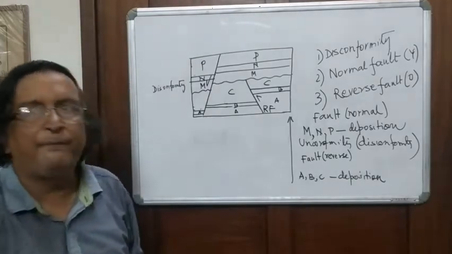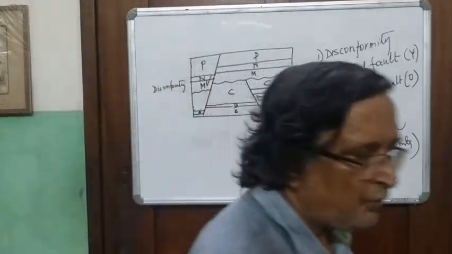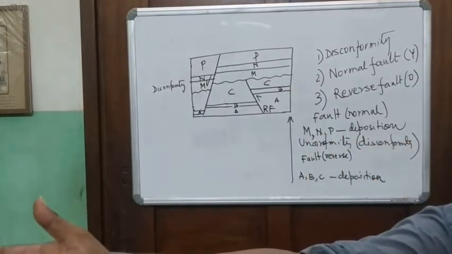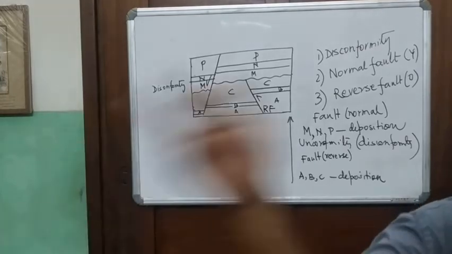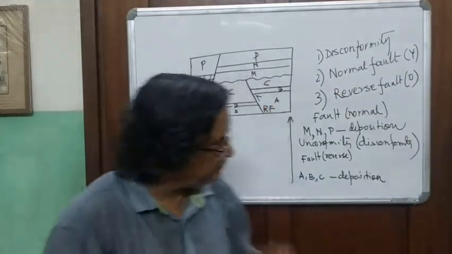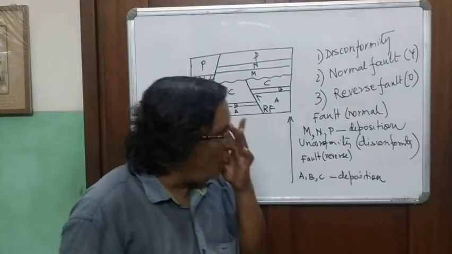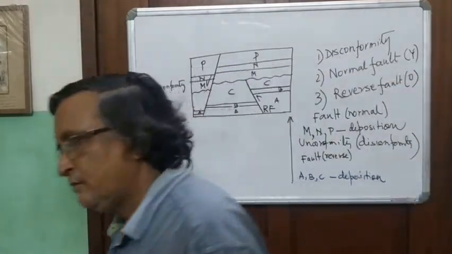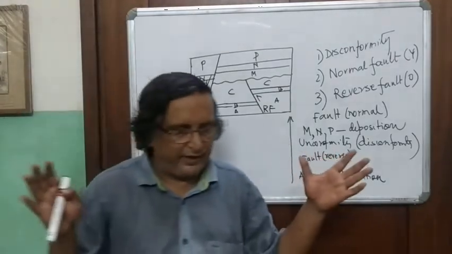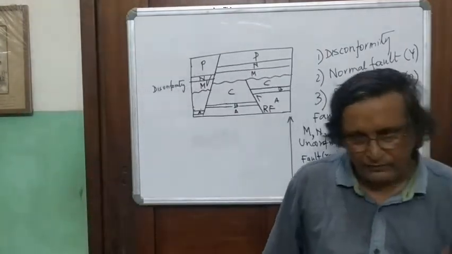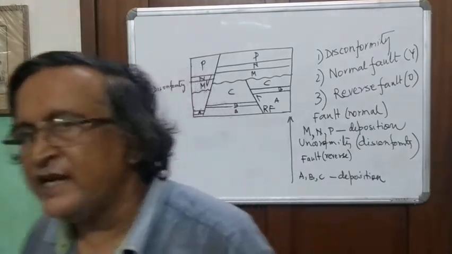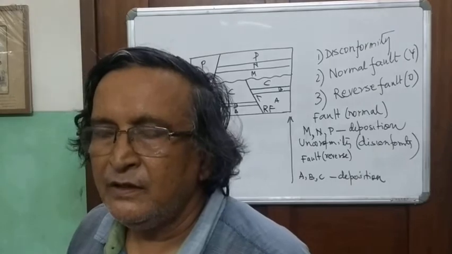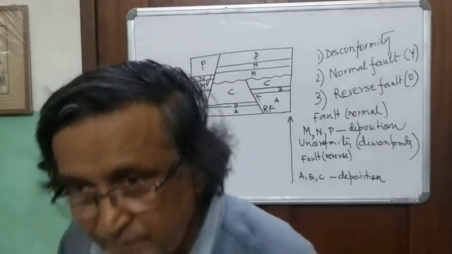Now I think I will be running out of time. So I will give you a problem which you try to solve and send to me by Google Classroom. Here's the problem. Draw a section showing an angular unconformity, a disconformity, and a nonconformity.